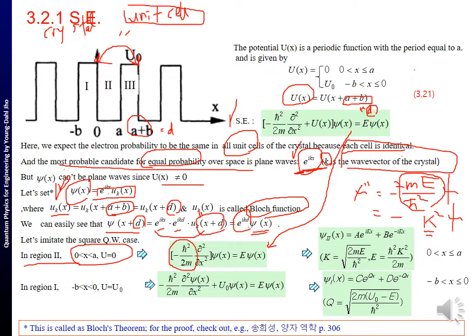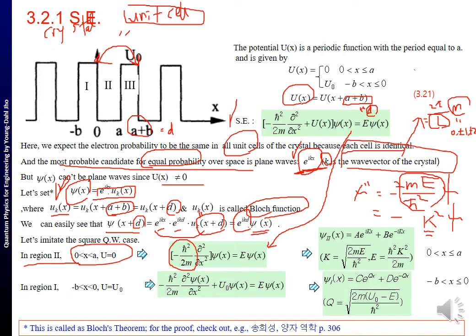Once you study Bloch's theorem, you'll get to know the details, but roughly speaking, this small k is the crystal wave vector, and it can be like this, with the crystal size, and m is an integer, so it could be 0, plus or minus 1, plus or minus 2, and so on.